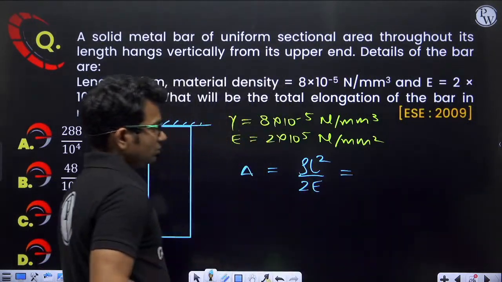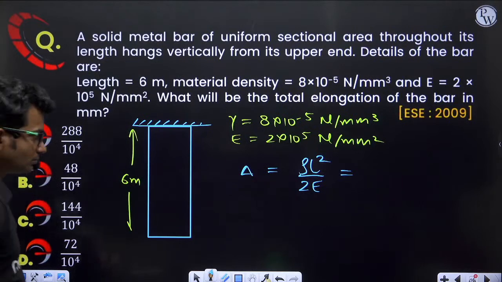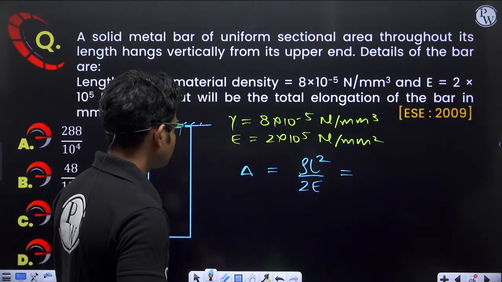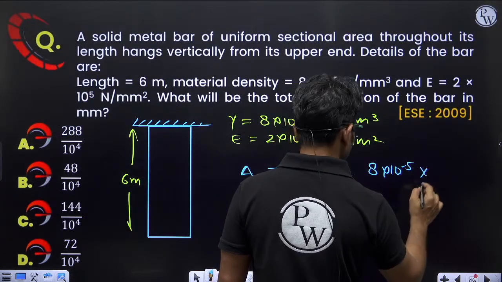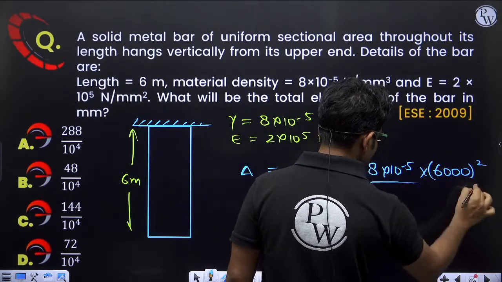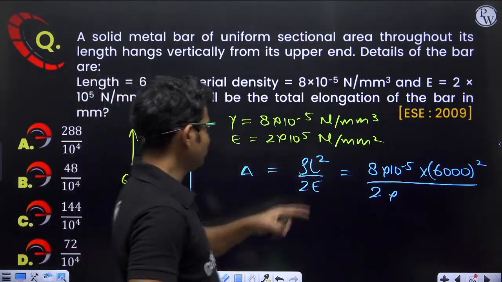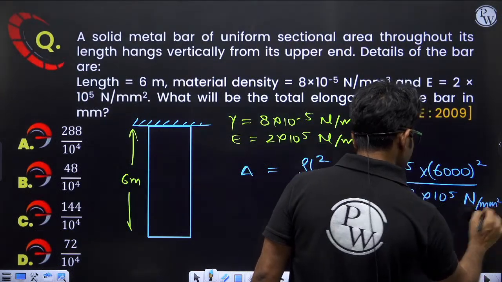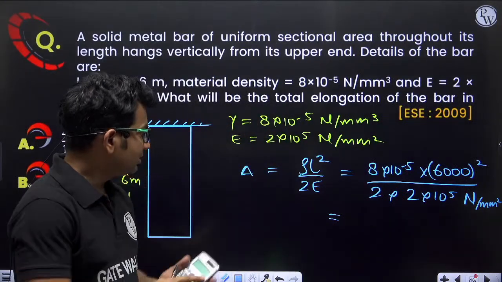Now if I put rho as 8 into 10 to the power minus 5, into length, which is 6 meter, so 6000 mm whole square, divided by 2 into Young's modulus. What is the value of Young's modulus? It is 2 into 10 to the power 5 Newton per mm square. Just a minute, let us calculate.